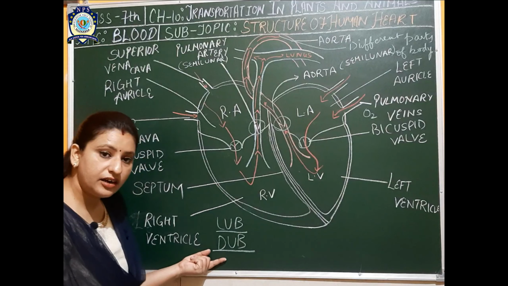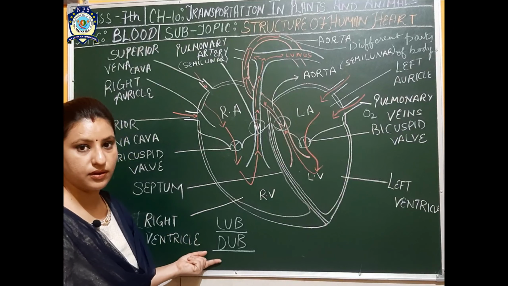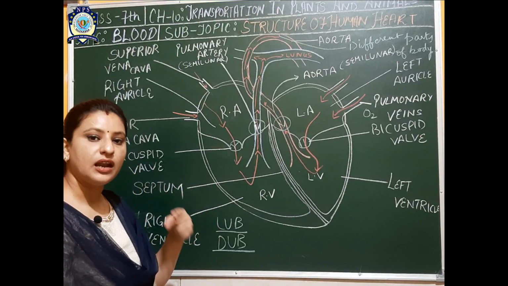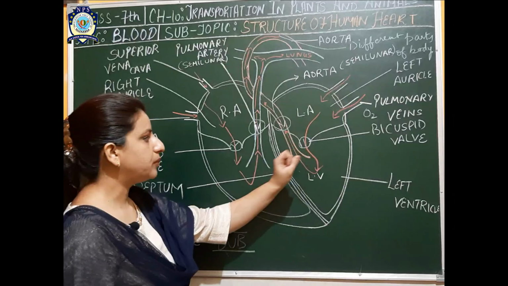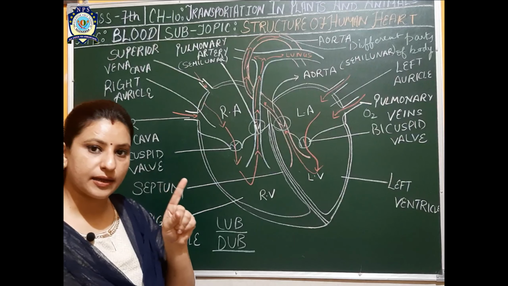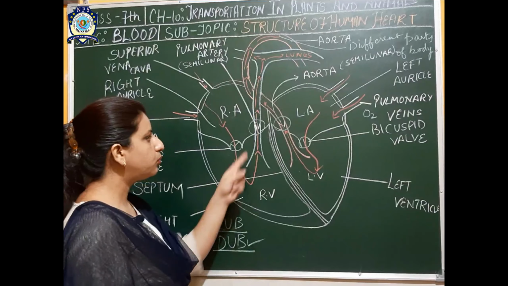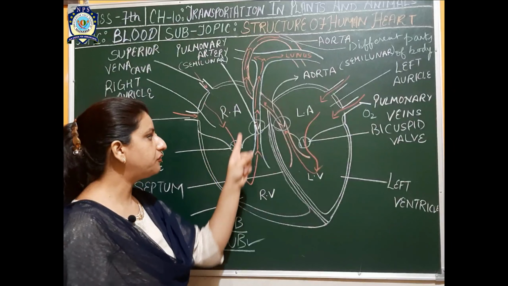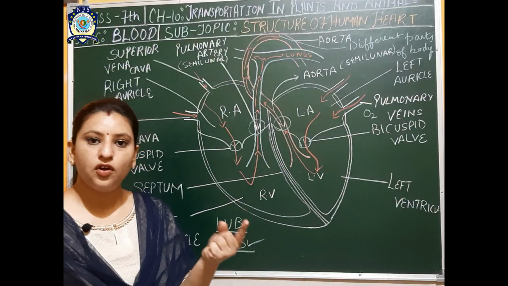So the heart produces the sound that is lub dub. The first sound, lub, is produced when both the tricuspid and the bicuspid valves close at one time. And the second sound, dub, is produced when both the semilunar valves of the pulmonary artery and the aorta close at once.